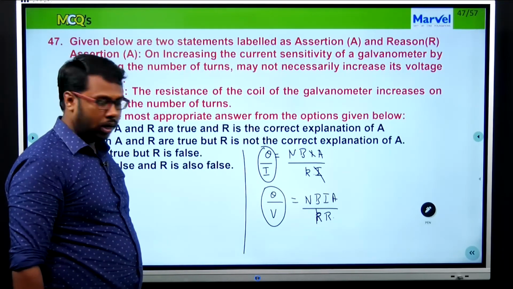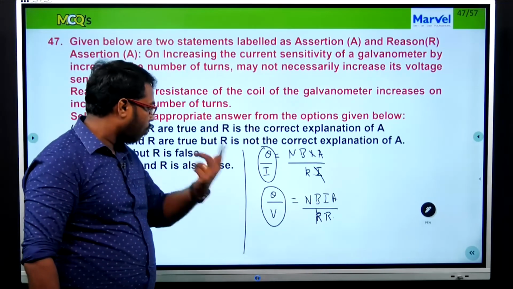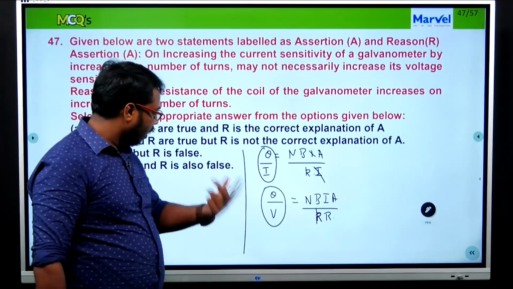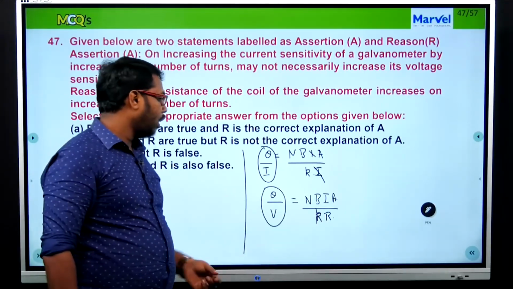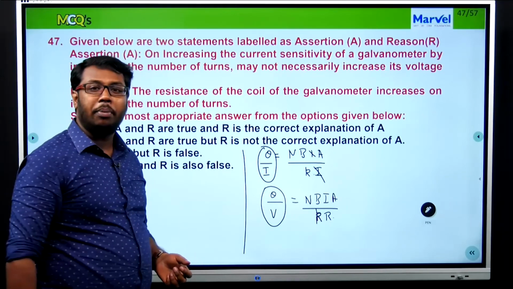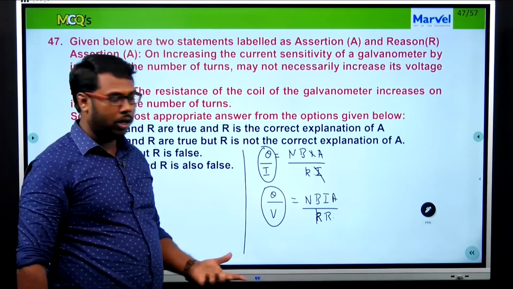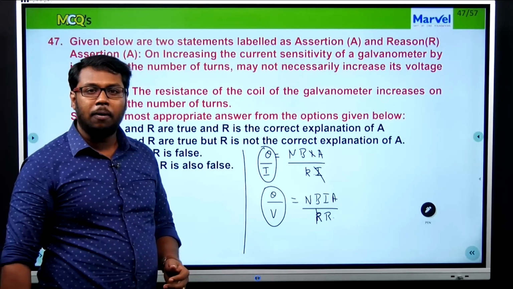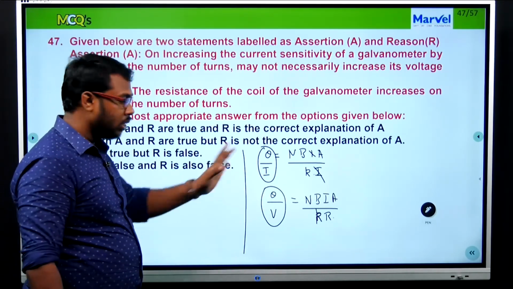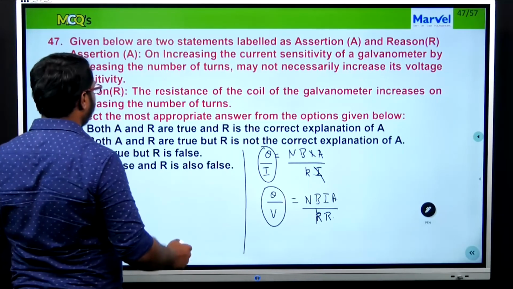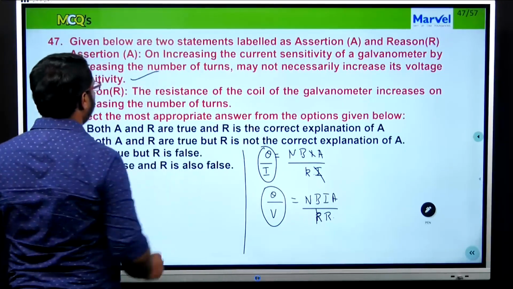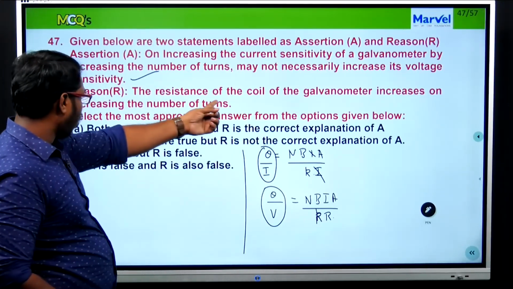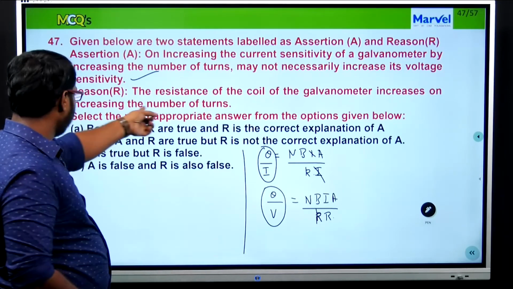But if you just realize, if I increase the number of turns, the resistance in the denominator will also increase accordingly. So your voltage sensitivity will not increase as we increase the number of turns, but the current sensitivity will increase. So the first statement is true. Now the resistance of the coil of the galvanometer will increase on increasing the number of turns.